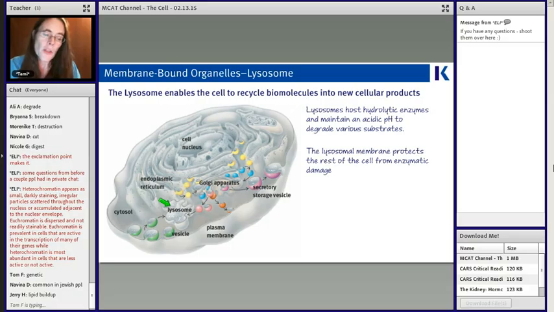So when we look at Tay-Sachs, there's a lipase enzyme that is defective, and we all know lipases break down lipids. So it has a defective lipase, and certain cell membrane components start to aggregate in the brain.